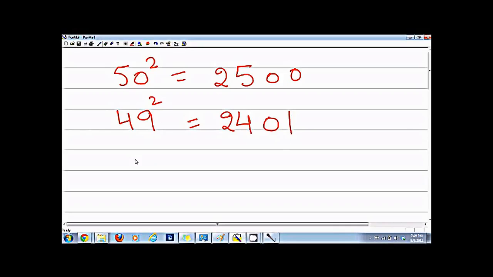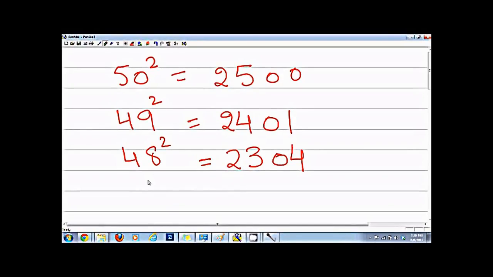Again, if I have 48, I will subtract 2 from 25, that is 23, and then take the square of 2, which is 4. So the answer is 2304.